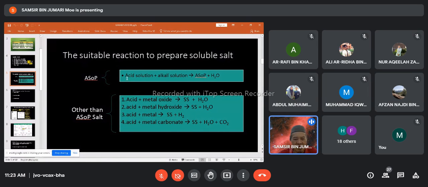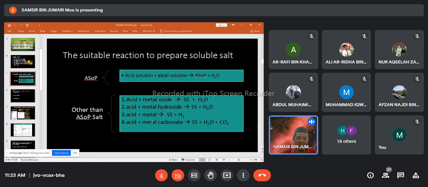This is the absorbed salts and the other than the absorbed salts. This neutralization between the acid solution and alkali solution, and the other than the absorbed salts prepared by 4 different reactions.